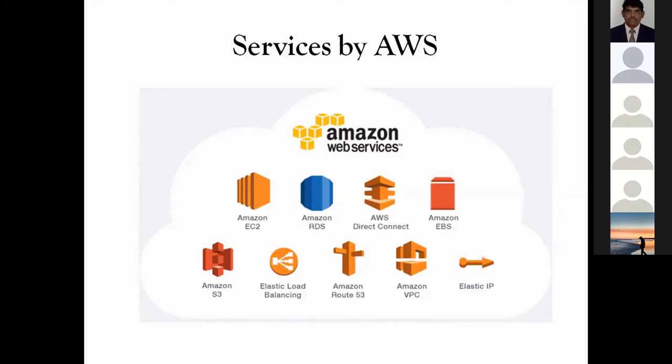Elastic load balancing. Load balancing is nothing but, in the case of an application, for example, there are 3 web servers, and all the traffic is going to one server itself. With the help of load balancing, this traffic is diverted to all the 3 servers equally, instead of going to one server.